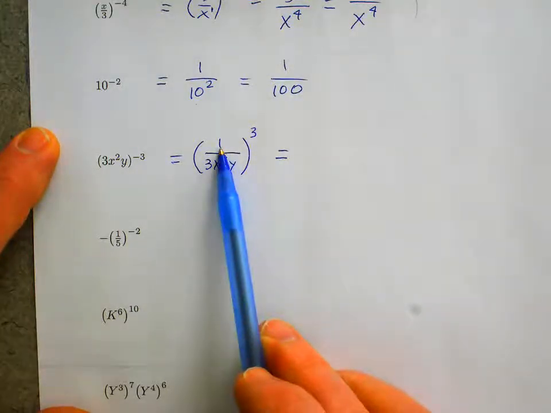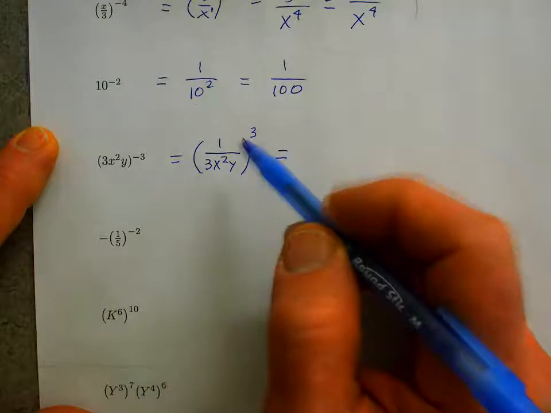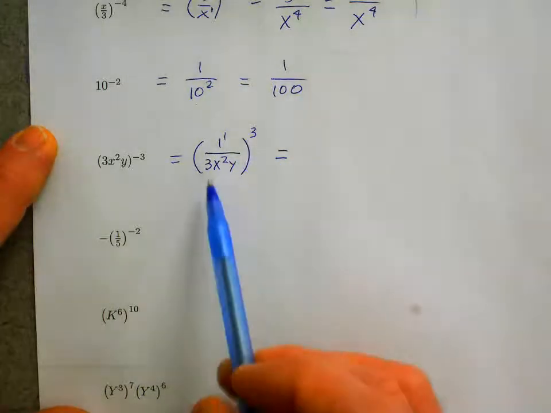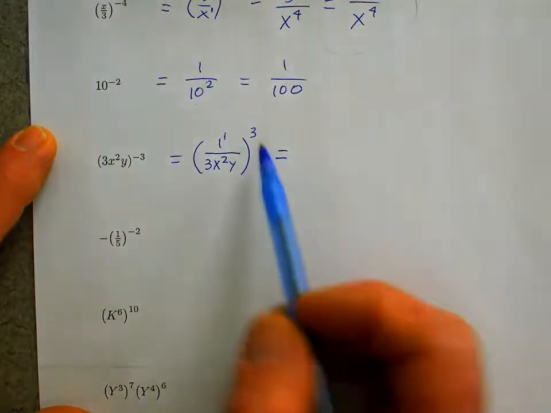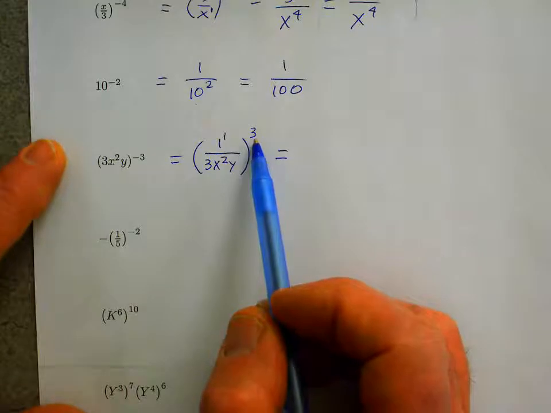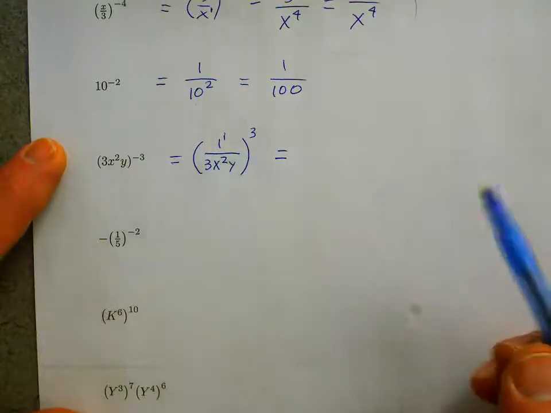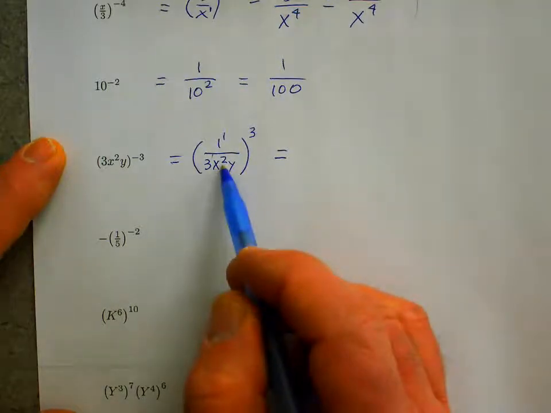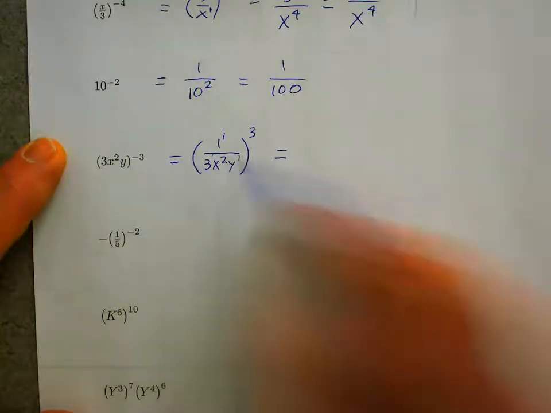Okay, so this number 1 in the numerator, you can write an exponent 1 for it if you want. You don't have to. But just to remind you what we're going to do next, we're going to multiply the outer exponent 3 times each of the exponents on those terms. 3 is 3 to the first, x to the second has an exponent of 2, y to the first has an exponent of 1.